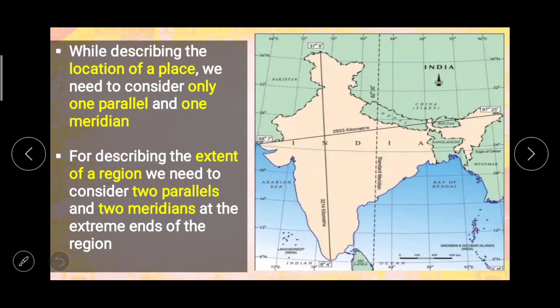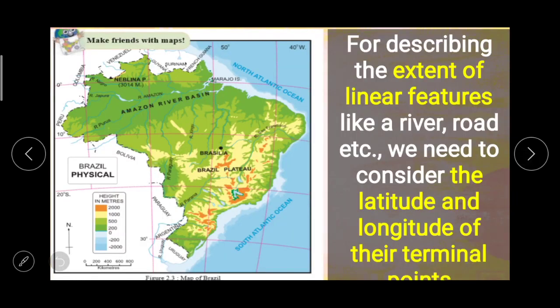And for describing, here you can see that in the image also, for describing the extent of a region, we need to consider two parallels and two meridians at the extreme ends of the region. If we are talking about location of a place, then only one parallel and one meridian, and when we are talking about extent of a region, then two parallels and two meridians.